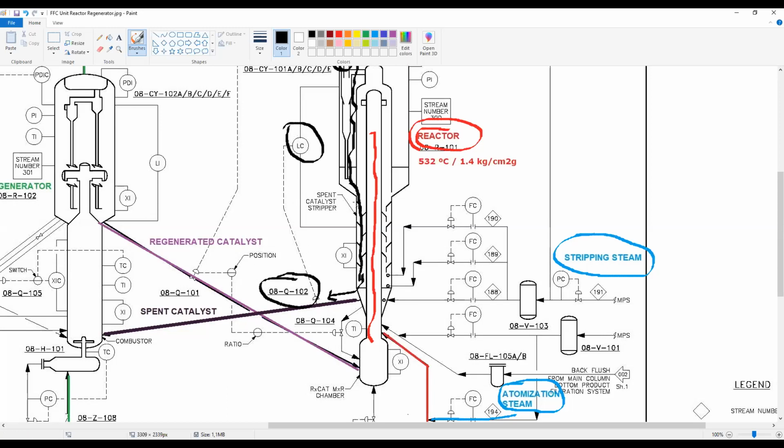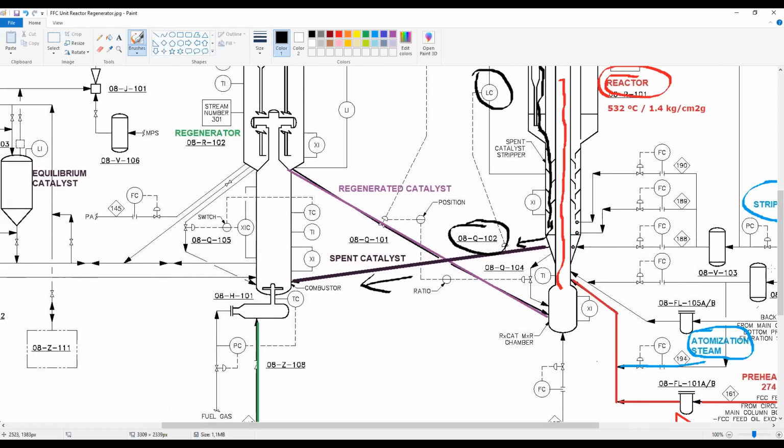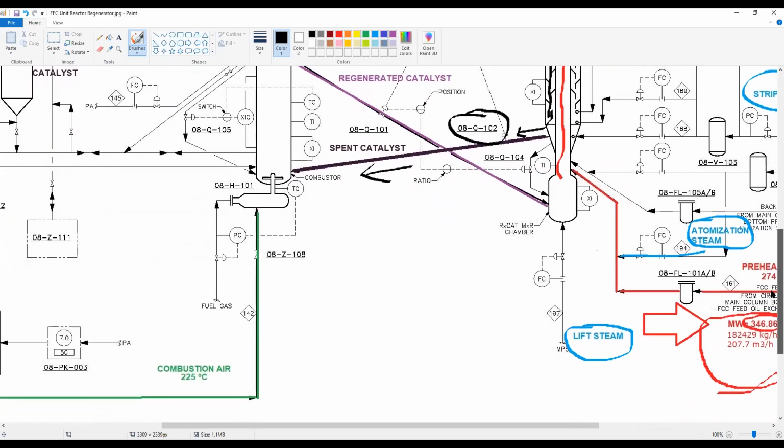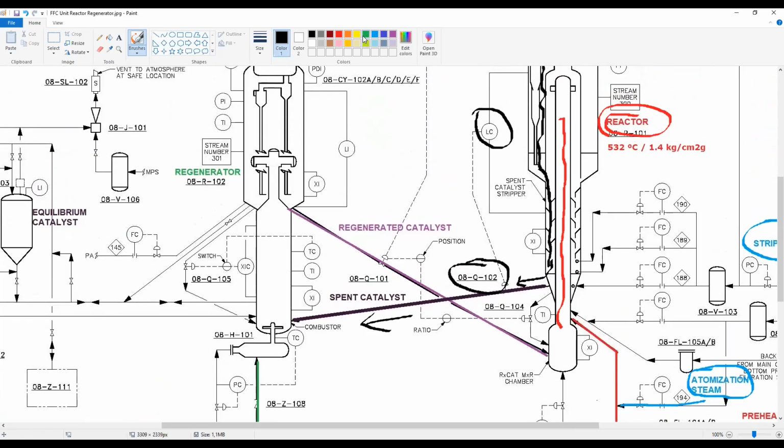So here we have the spent catalyst going to the regenerator. In the regenerator, we'll have this air in green, the combustion air, flowing here to the regenerator and making the combustion of the catalyst.